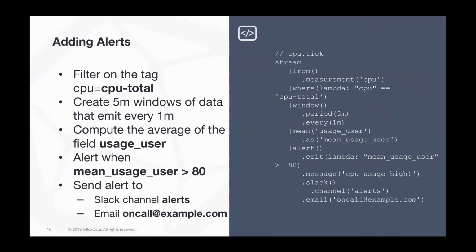All right, so here you can see this is still the same example from before, but now we're adding the alerting capabilities. So it's still a stream task from the CPU measurement.